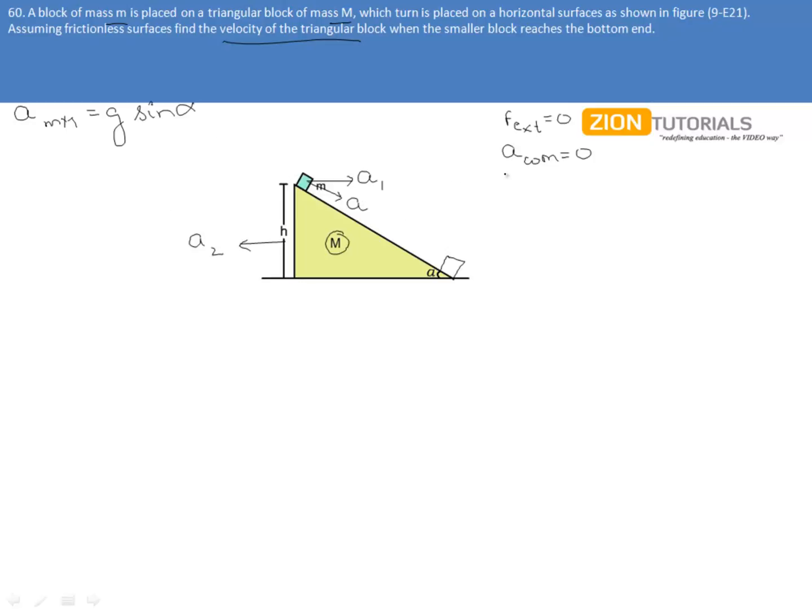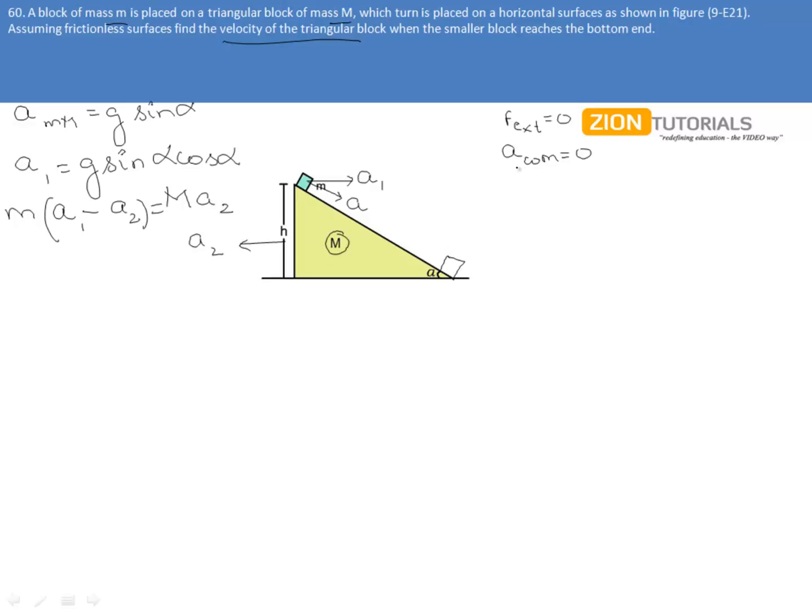Also, a1 is the horizontal component, so I can say that a1 is basically g sine alpha cos alpha, and moreover I can write that m into a1 minus a2 is equal to M a2.